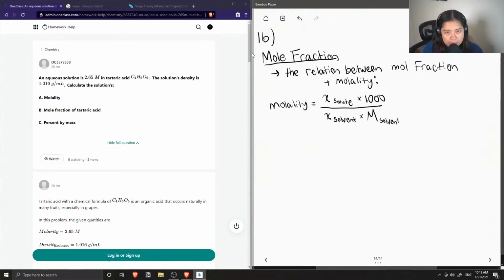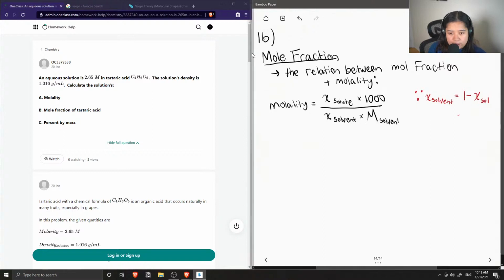Okay, so let me have a side note here. We know that since the mole fraction of our solute plus the mole fraction of our solvent is equal to 1, then we can actually write the mole fraction of our solvent equal to 1 minus the mole fraction of our solute.